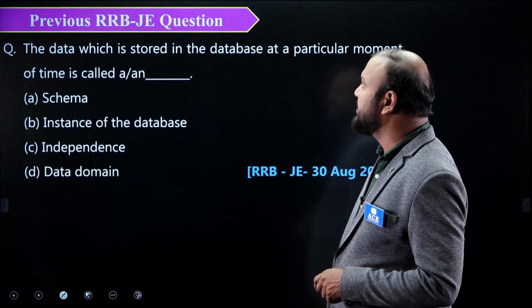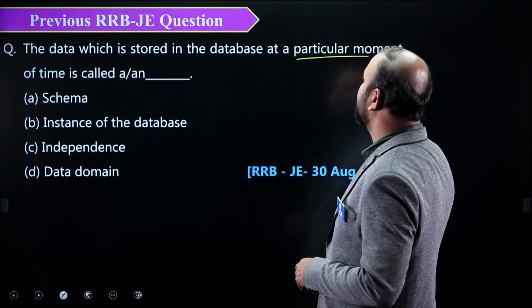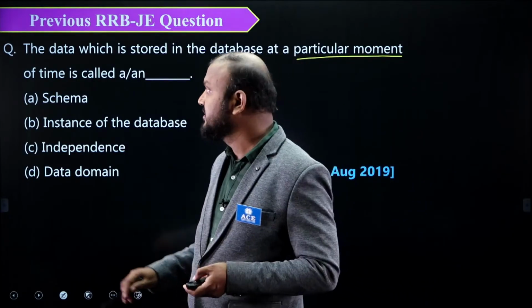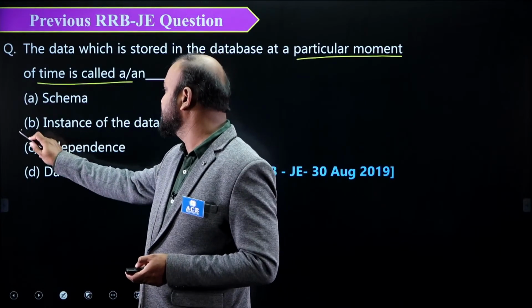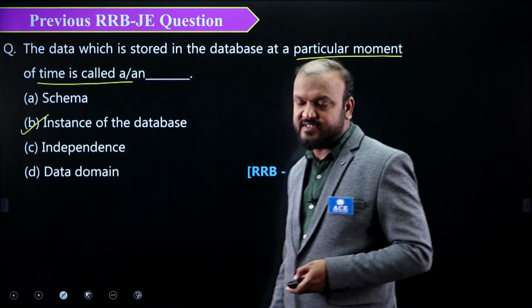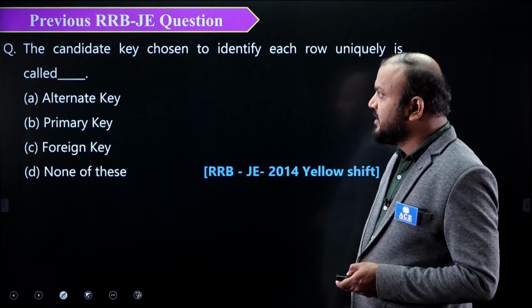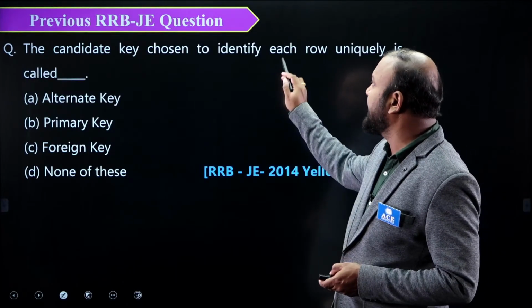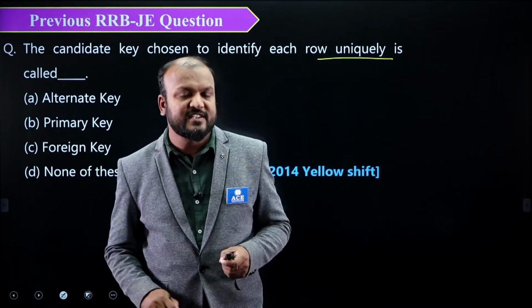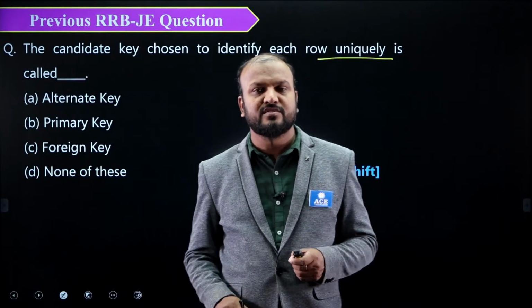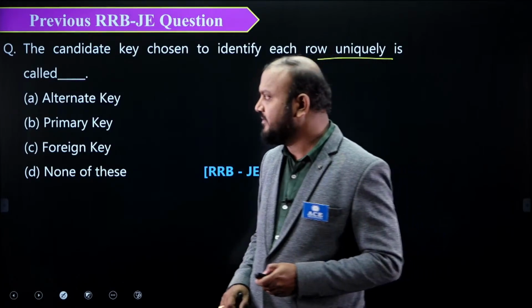The data which is stored in the database at a particular moment of time is called what? Instance of the database. We have just discussed that. The candidate key chosen to identify each row uniquely is called what?